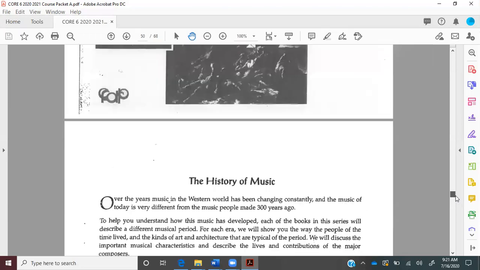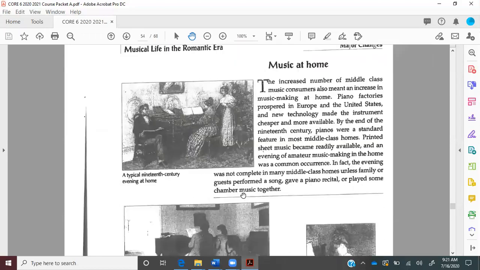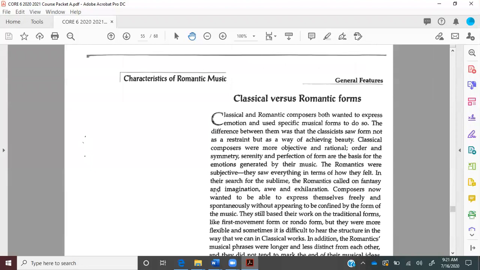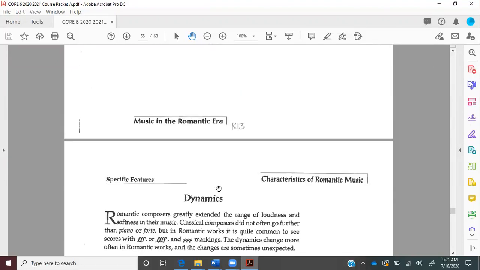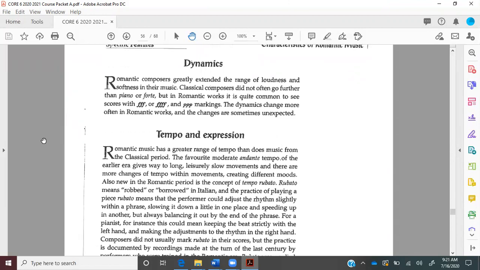So let's scroll down to R14. All right, so we talked a little bit about forms last week, so we kind of know about that. Expression over form, form over expression. Okay, dynamics.